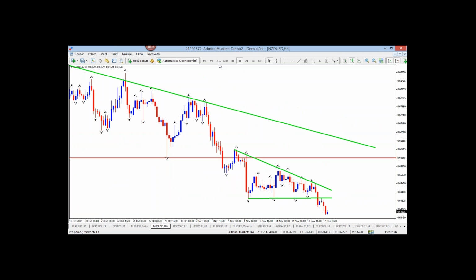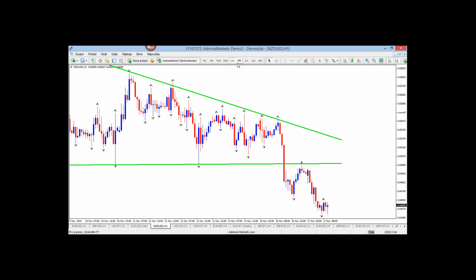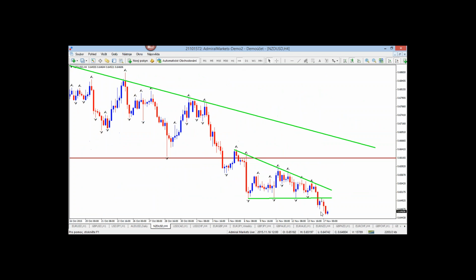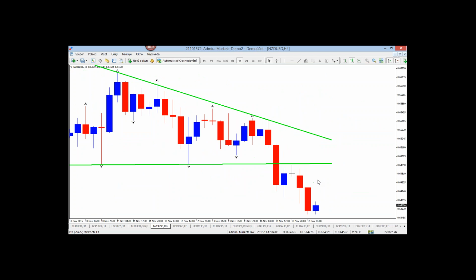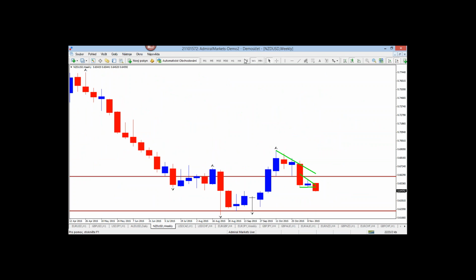So what kind of pullback might merit a short? Let's take a look, looking at various time frames, trying to see which one might make the most sense. I think that for our chart, looking at these candles, could be probably already a good short, just like the pound.